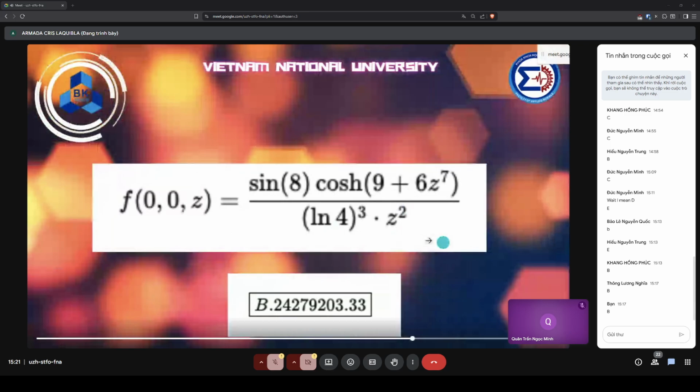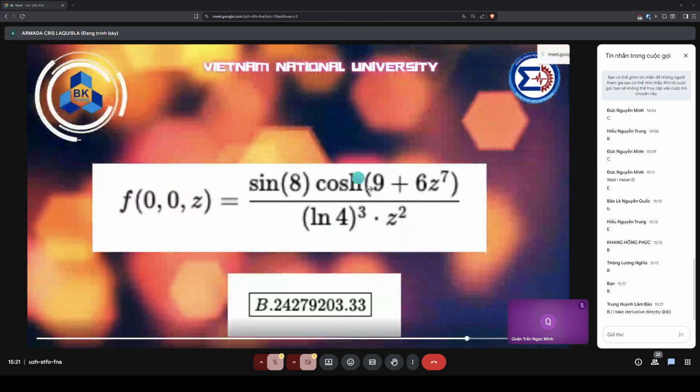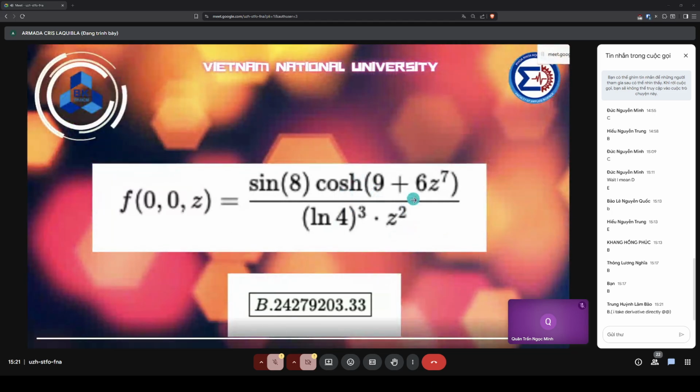Now the derivative of z squared is 2z. So first copy z squared, right? Z squared, then times derivative of the cosh. Your cosh derivative is sinh of 9 plus 6z to the 7. And then multiply there with 42z to the 6. Correct? Multiplying additional 42z to the 6 there.